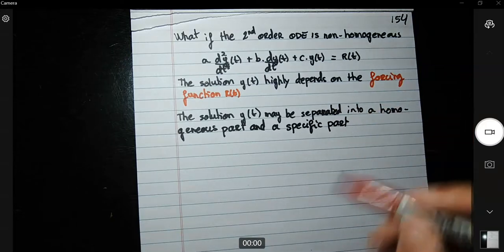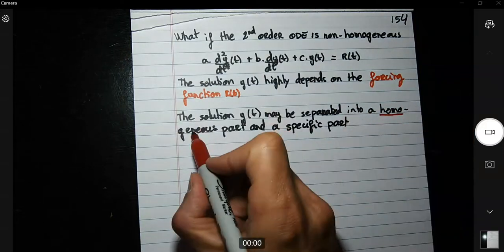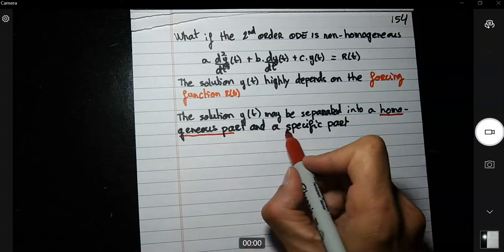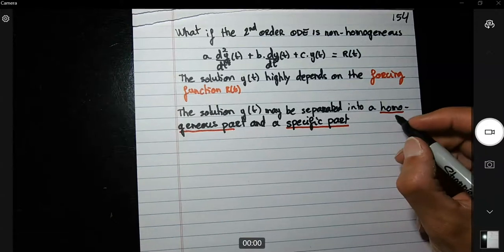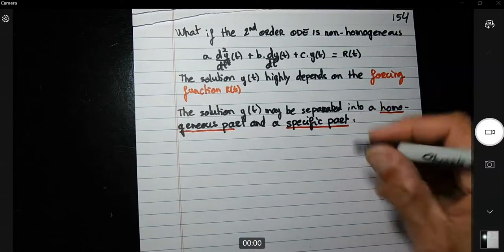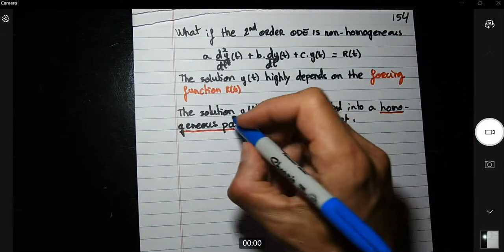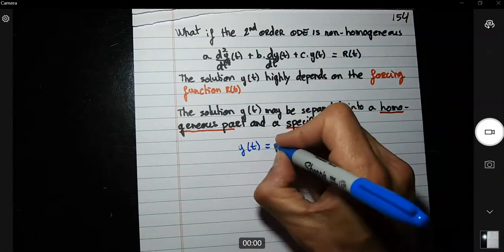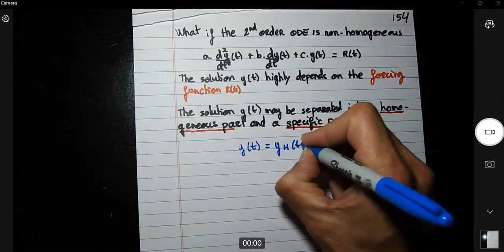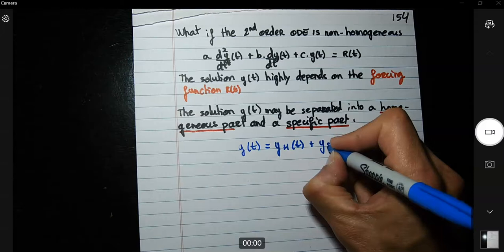So basically you have the homogeneous part and a specific part. That means the assumed solution will be of the form y of t equals y homogeneous of t plus y specific of t.